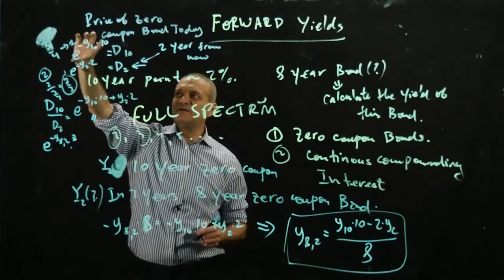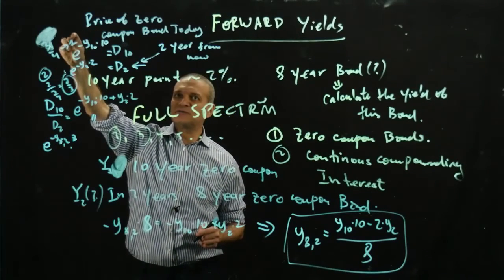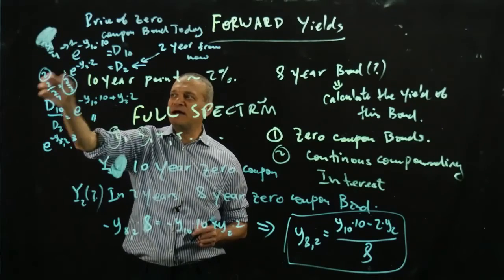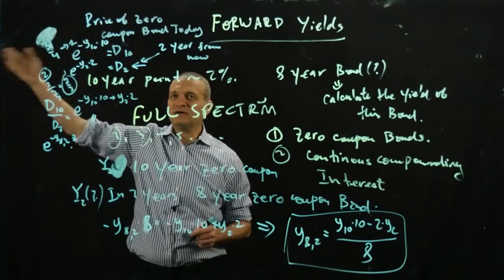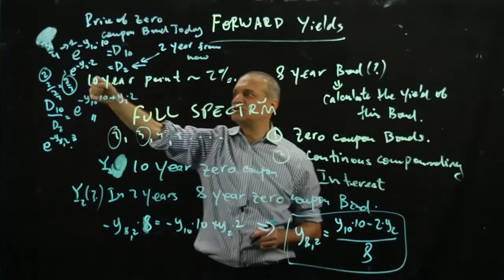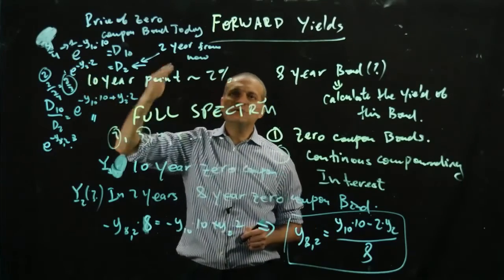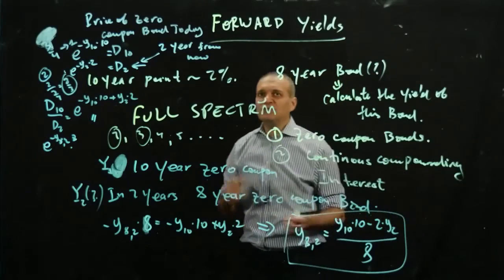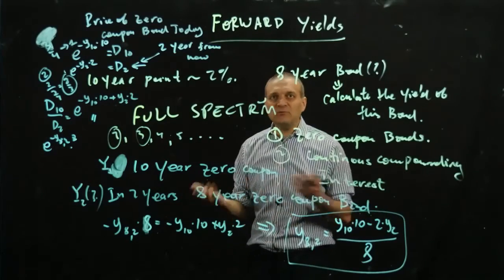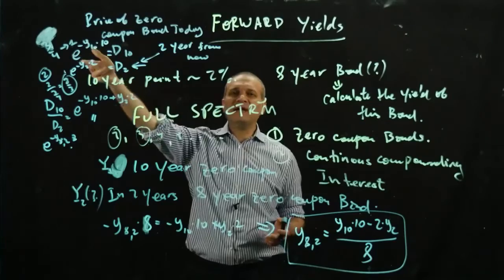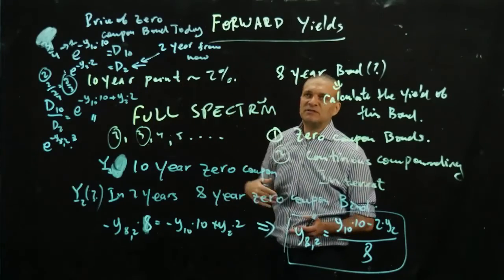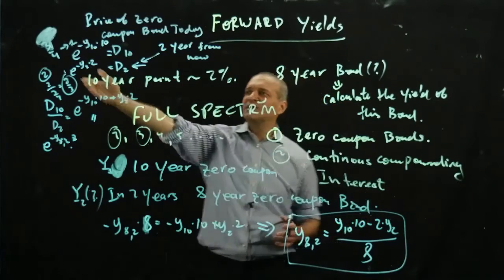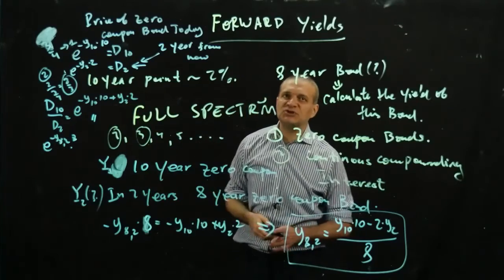I have e to the y10 times 10, the price today, and I'm multiplying it by the compounding interest, which is actually dictated by my y2, in order to find it 2 years from now. It's the usual thing with a borrowing bank. You may want to revisit the borrowing bank argument from my previous video about general futures, just to see that it really works.